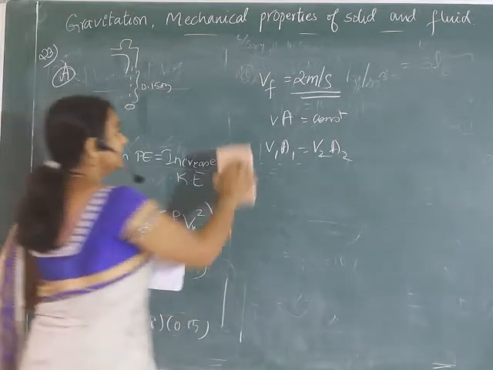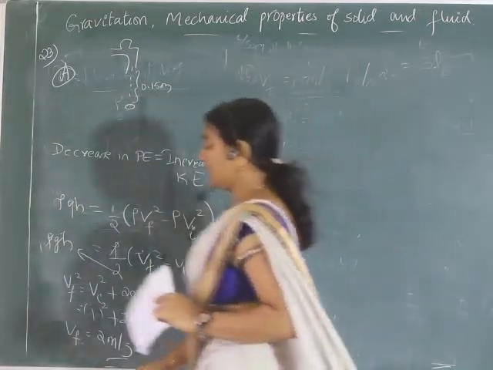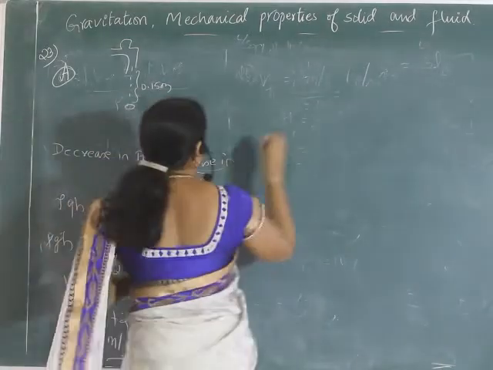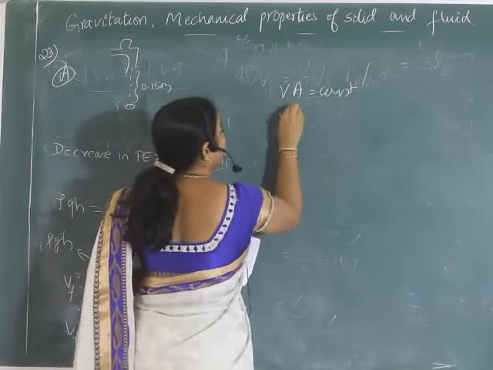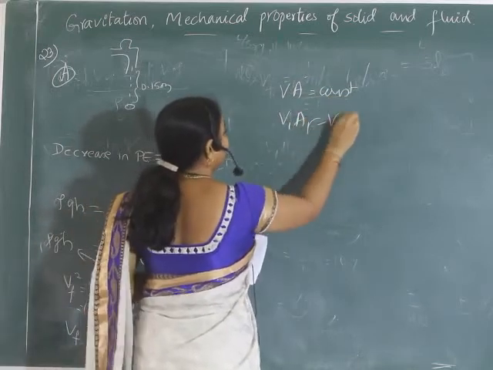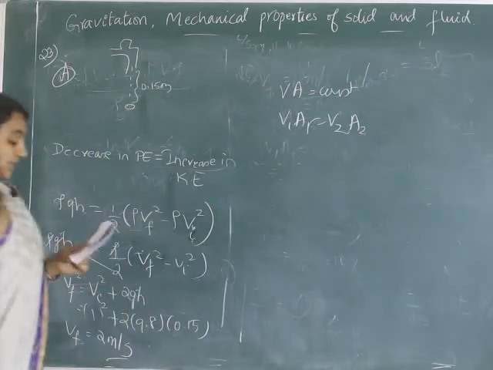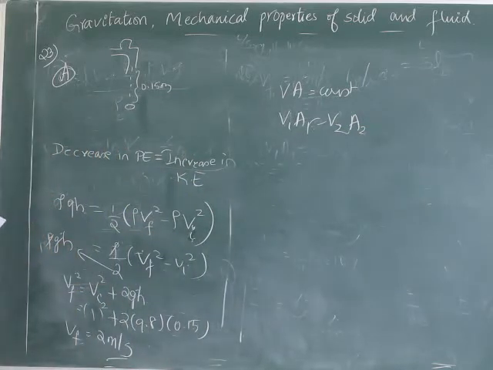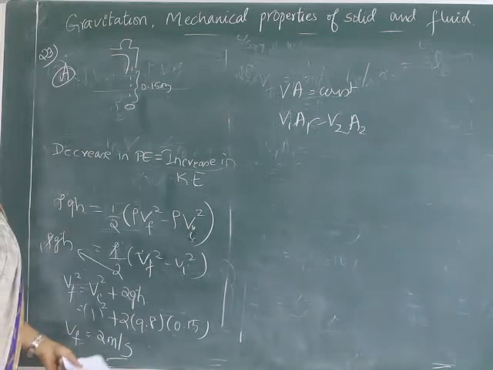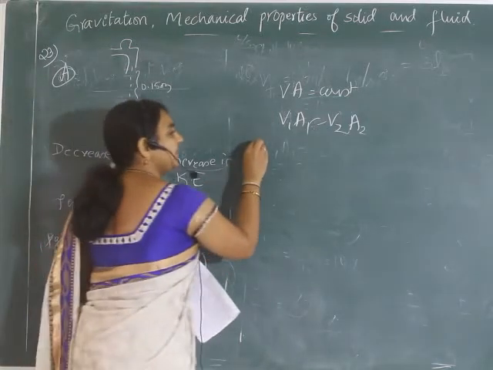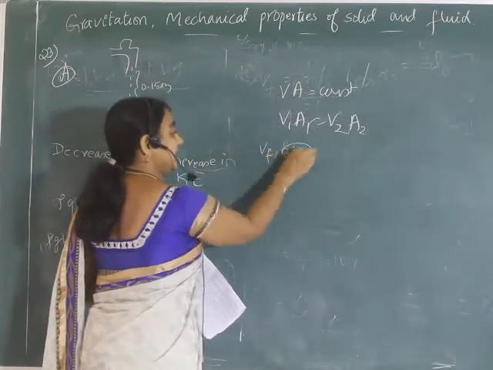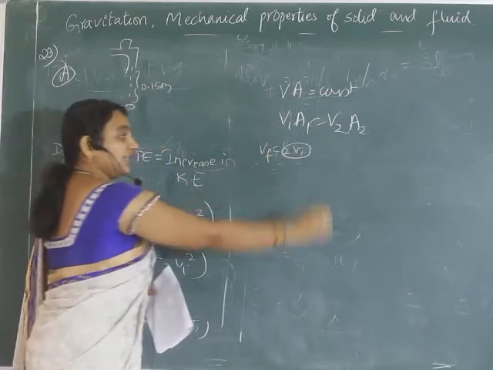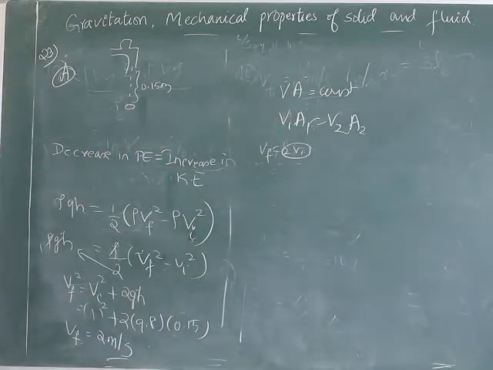Therefore, using the equation of continuity, V1 A1 is equal to V2 A2. Velocity of the initial is 1 meter per second, final is 2 meters per second, so final velocity is twice that of the initial.